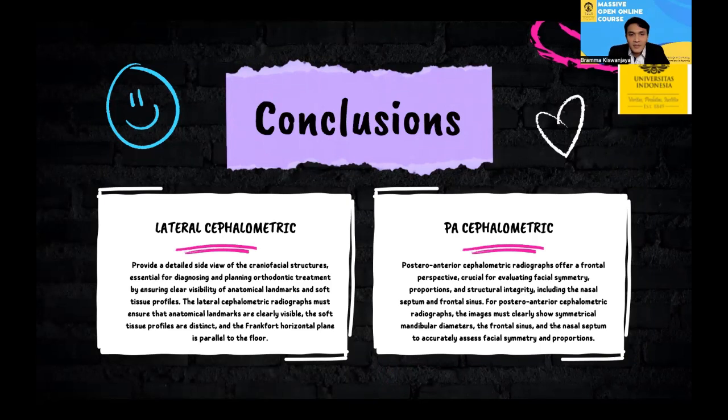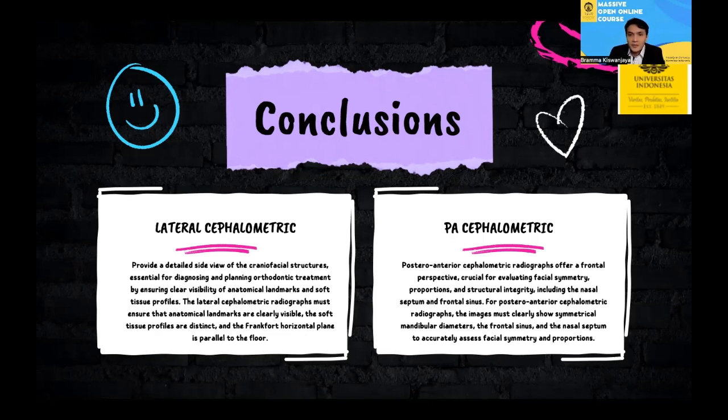Lateral cephalometrics provide a detailed side view of the craniofacial structures, essential for diagnosis and planning orthodontic treatment by ensuring clear visibility of anatomical landmarks and soft tissue profiles. The lateral cephalometric radiographs must ensure that the anatomical landmarks are clearly visible, the soft tissue profile is distinct, and the Frankfurt horizontal plane is parallel to the floor.